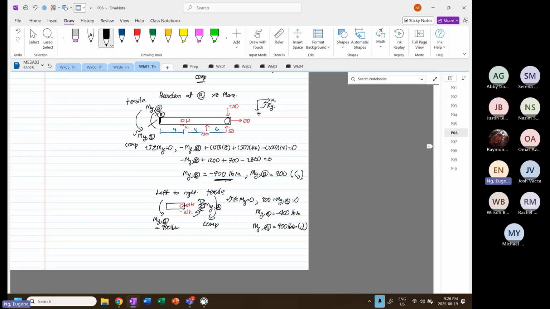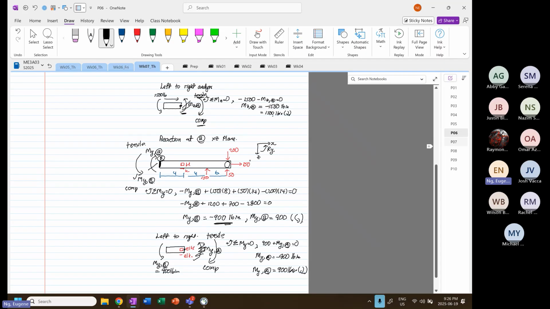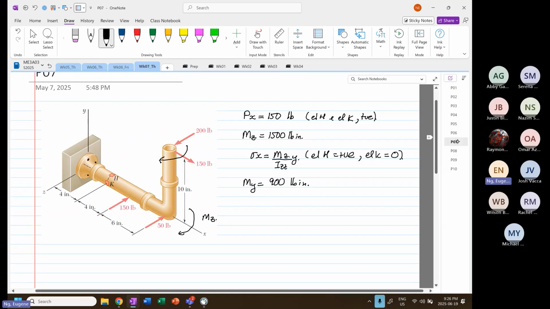Let me check. Right, we draw it this way, so this is the valid one, so the counter is over here. That's correct. So when that's the case, we know that over here will be compression. This side will be what? Tensile. Likewise, compression, tensile. Okay, so this is moment about Y.